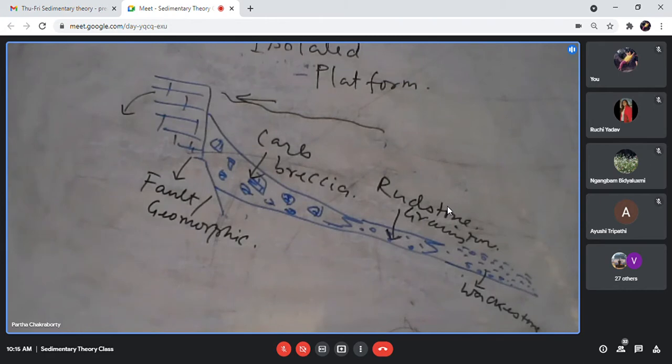Now, these carbonates are essentially, in the case of the Phanerozoic, in the form of huge coralline growth. Actually, what happens really?